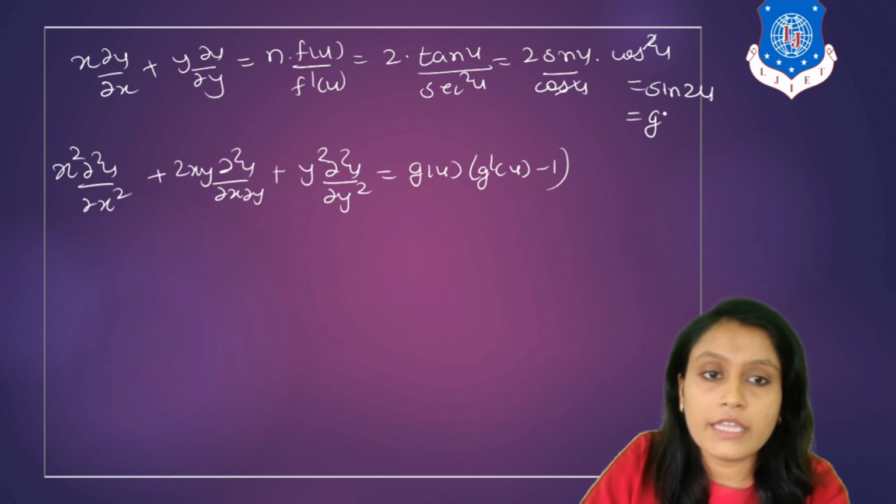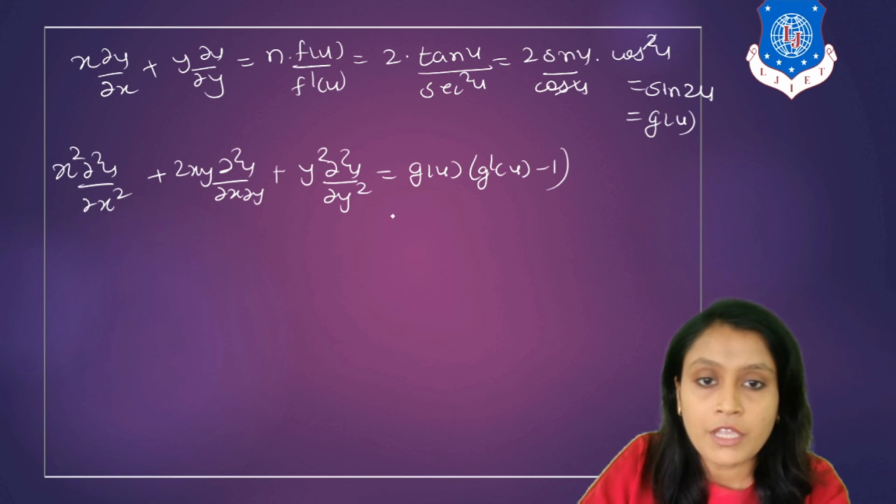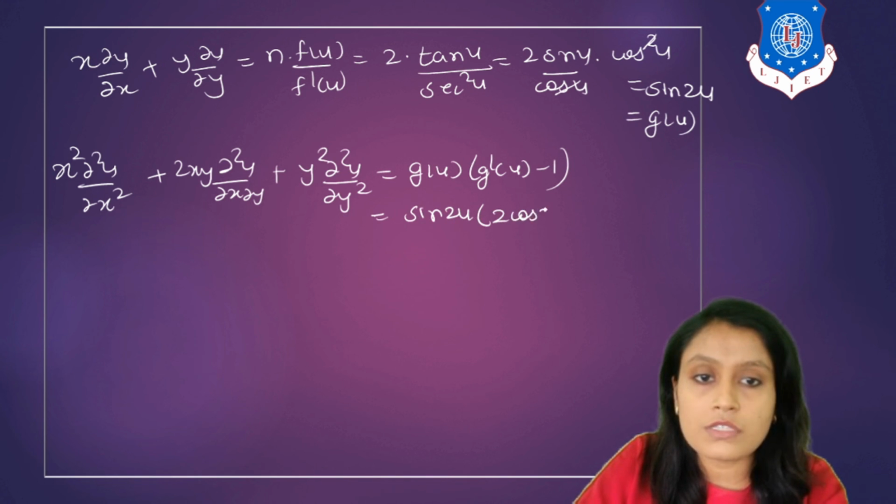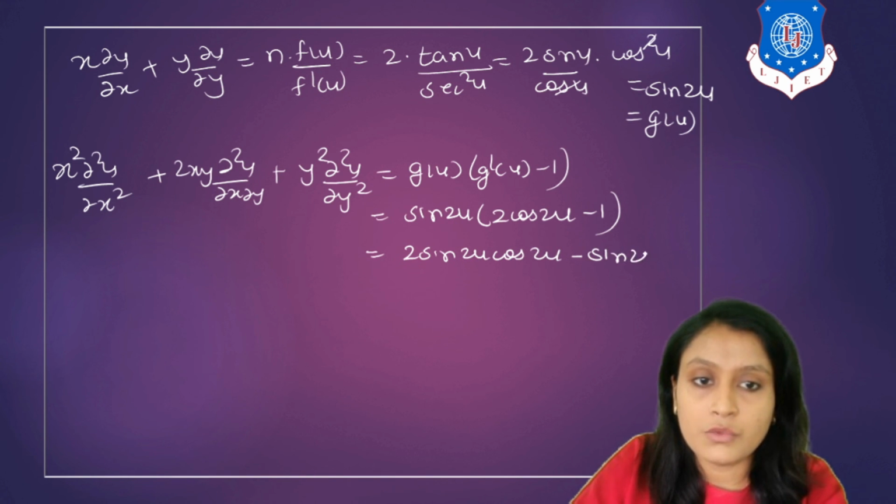Okay, now we have to take this as g of u. So substitute the answer. So you will get here sine 2u into. Now derivative of sine 2u is what? 2 cos 2u minus 1. Multiply this inside. So you will get here 2 sine 2u cos 2u minus sine 2u.